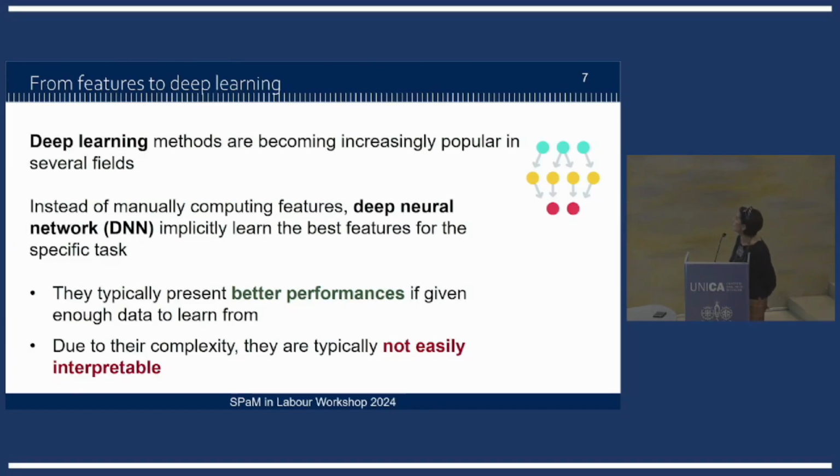Instead of manually computing the features, the deep neural network, DNN, extracts the information directly from the data. This is an improvement, and sometimes the DNN produces results that are more reliable than other approaches. Not often, but they have this characteristic.